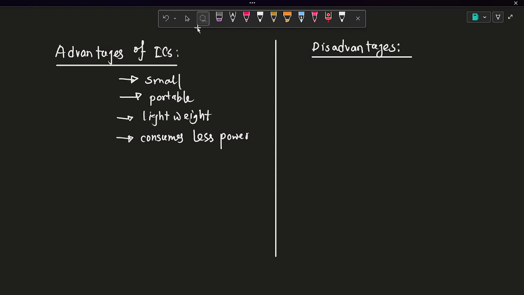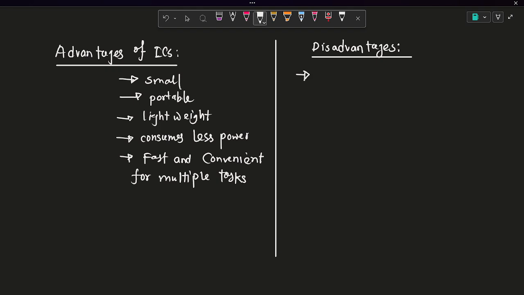And it is fast and convenient, definitely, for multiple calculations or multiple tasks, right? Okay. These are the advantages. The question might come, what are the advantages of ICs?